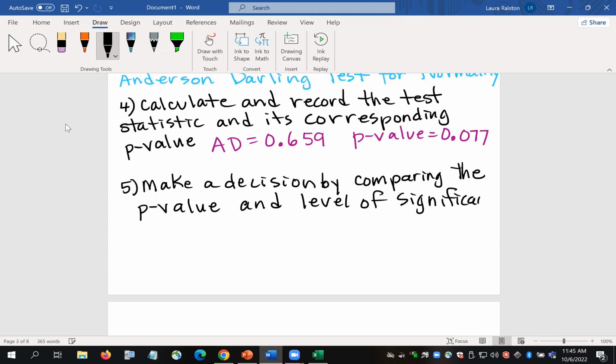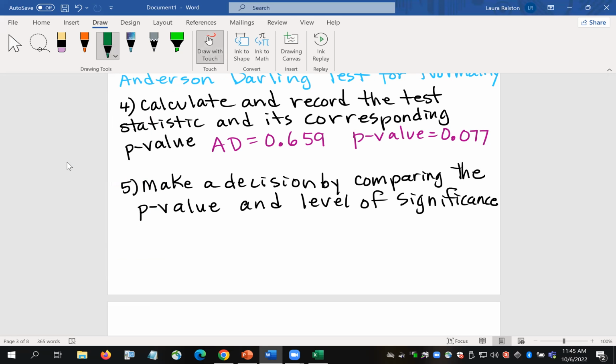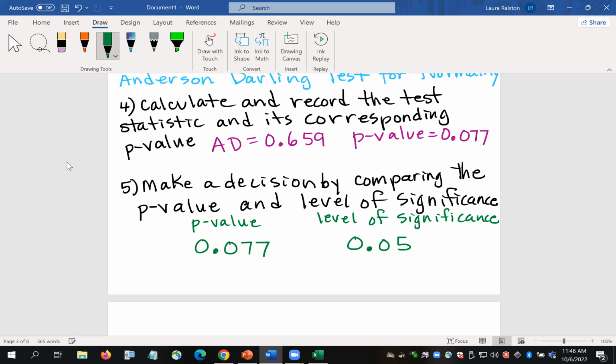Now again, Ms. Ralston forgot to give us the level of significance, but typically if it's not given, we are going to use 0.05, which is kind of the default rule of thumb if you don't know it, and my p-value is 0.077.